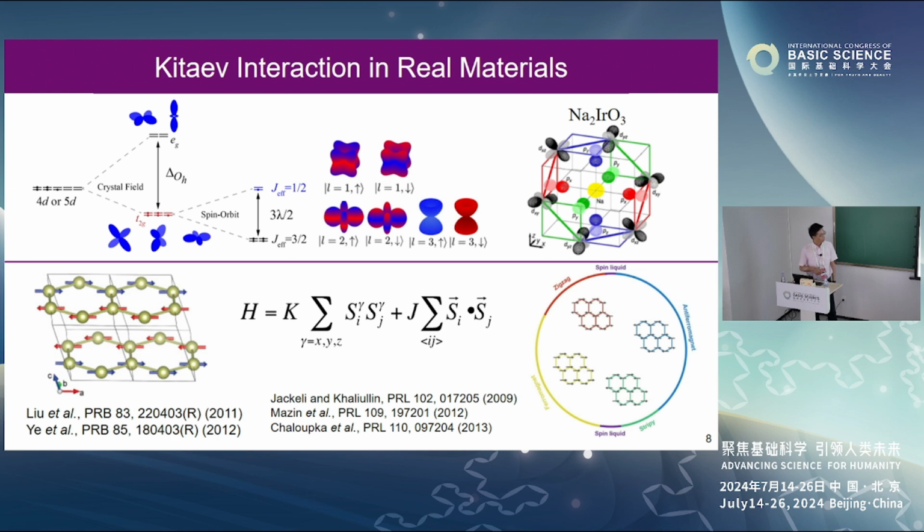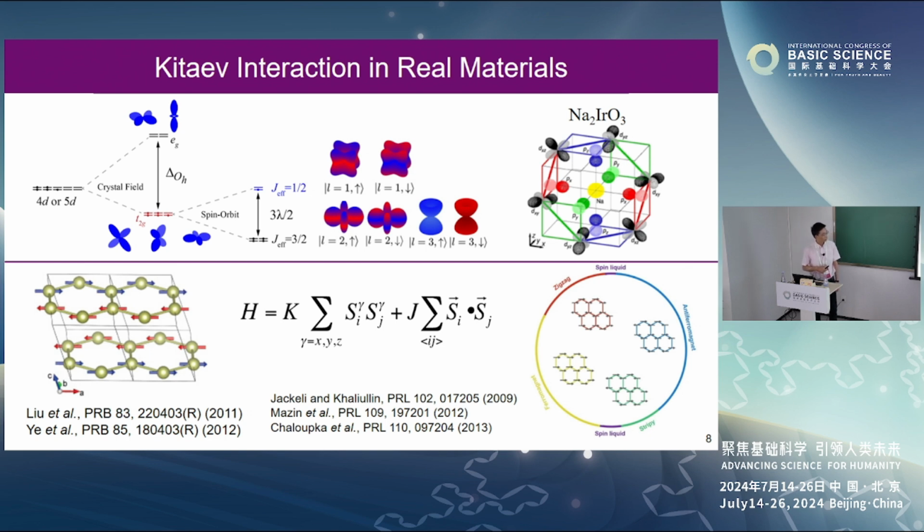So you can use this interaction to construct this kind of phase diagram. If we look at this phase diagram, there is an area which is close to the Kitaev quantum liquid. So if you can suppress this Heisenberg interaction, then you have the possibility to realize the Kitaev quantum liquid state.